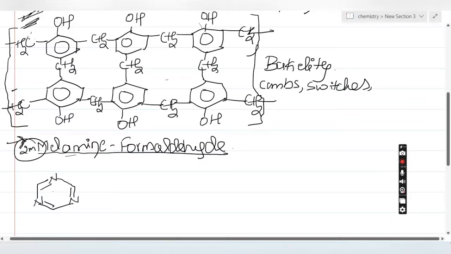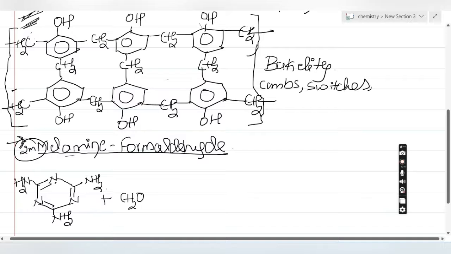And the remaining three carbons should be replaced by nitrogen atoms. And here we have an NH2 group, at the alternate position we have an NH2 group, here also I am drawing an NH2 group. So this is the structure of melamine, and formaldehyde you already know, I can write CH2O.